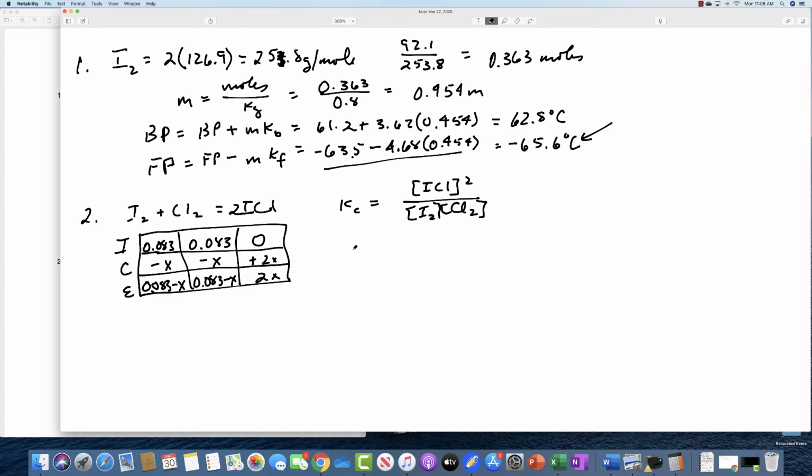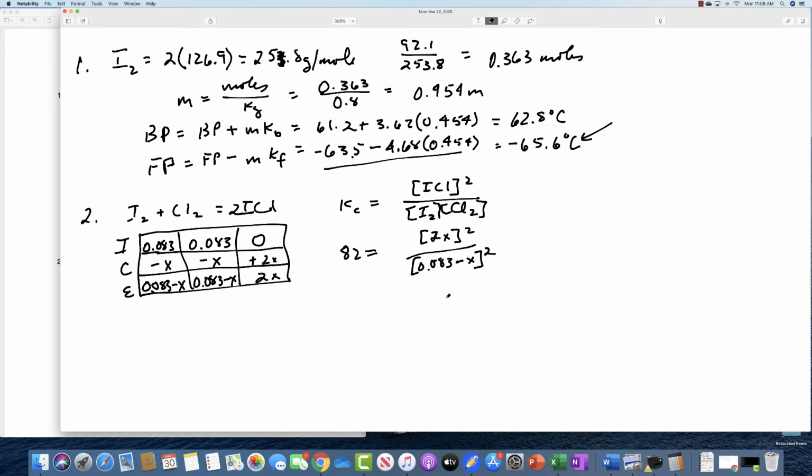So if we put this over here, 82, which is equal to 2x squared divided by 0.083 minus x, and it's going to be times the same thing, so we'll just say squared.